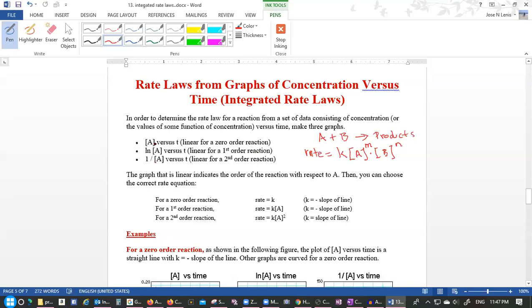So in the first case, a graph of concentration of A against time is going to be linear for a zero order reaction. This is key.